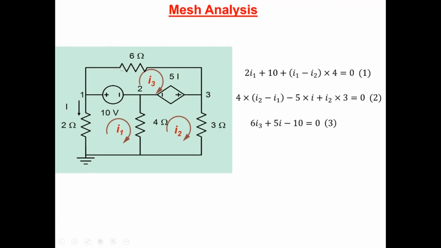We start from here. Again, we go clockwise, 6I3, and then we have 5I, and then we have a voltage gain here, so we put in minus 10 equal to 0. And the other thing we know, this is a dependent source, so it's 5I, and I is nothing but, if we look at this current here, I1. Oh, sorry, minus I1. So we have these equations.